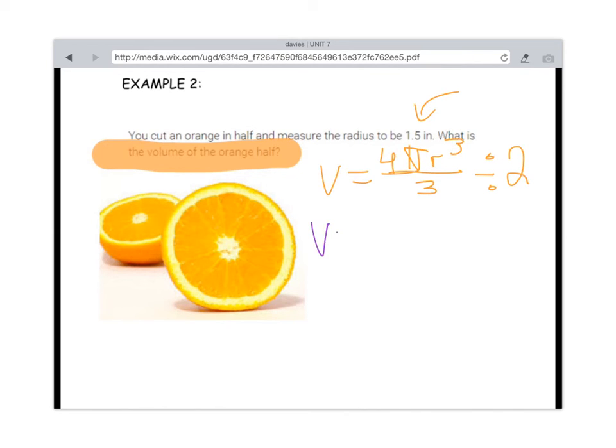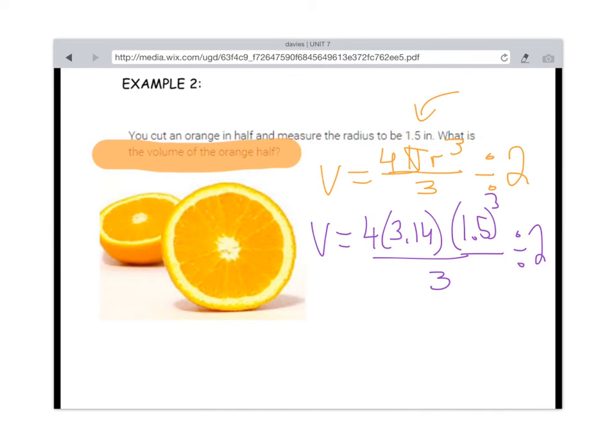So if we fill in what we know, we have 4 times 3.14 times 1.5 cubed divided by 3, and then you can divide your answer by 2. It doesn't matter what order you divide the 3 and the 2, you're going to get the same answer. If you want to be really quick, you can divide the whole thing by 6 instead of dividing by 3 and then 2.